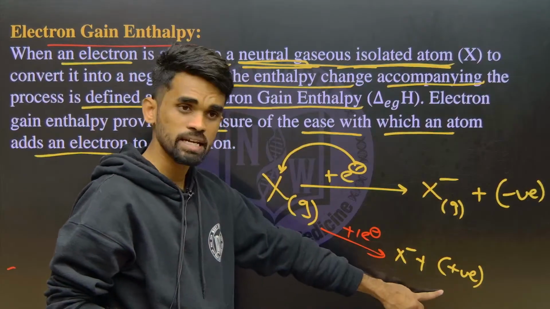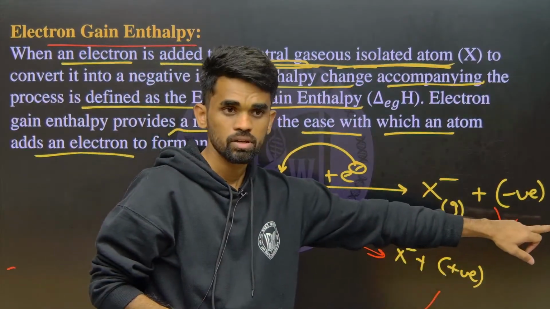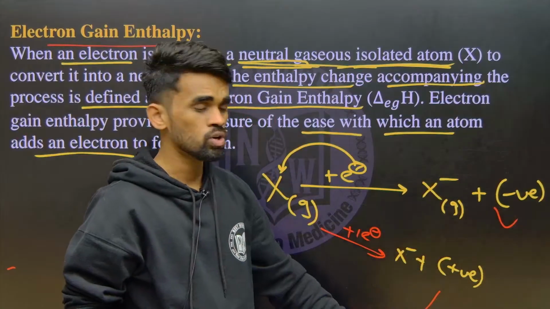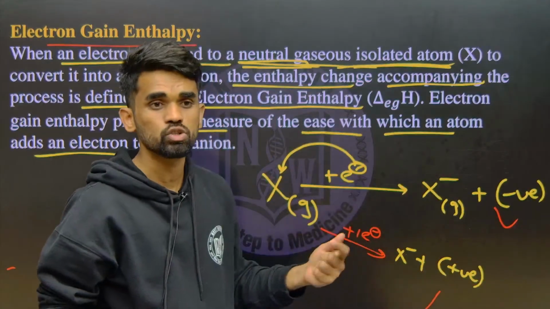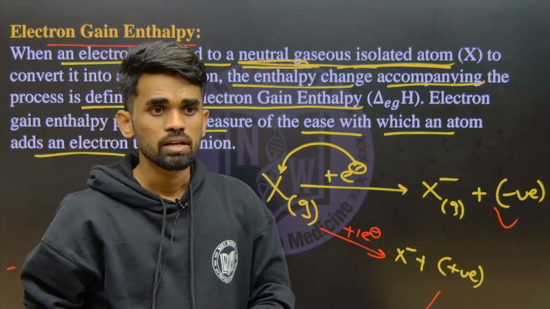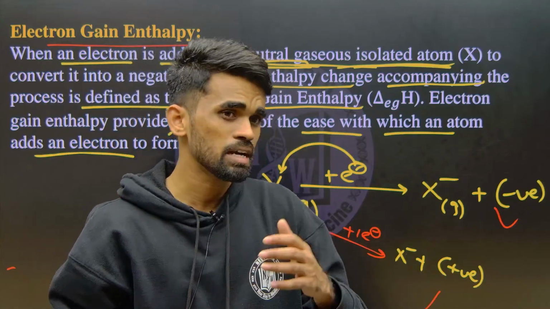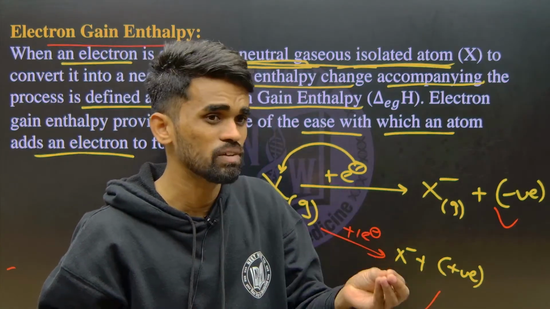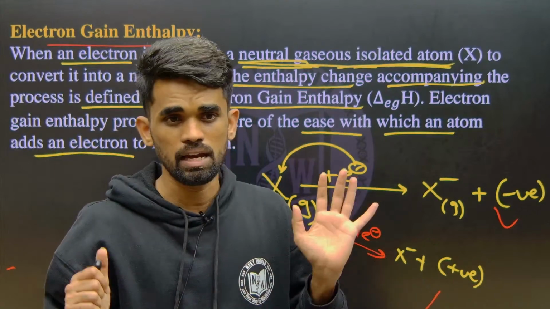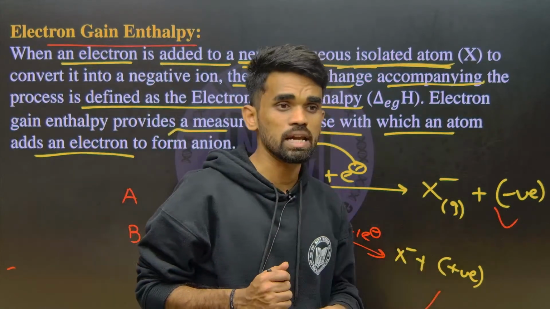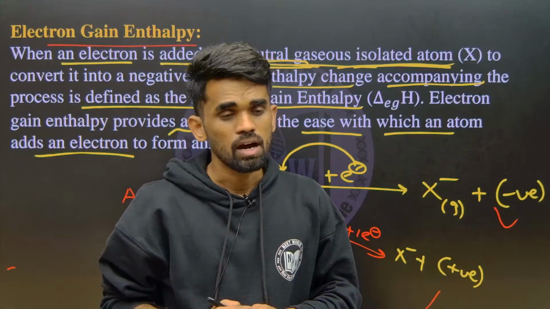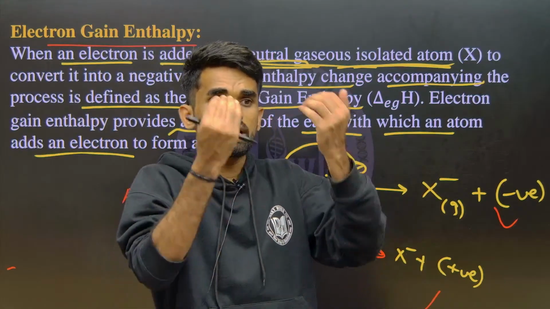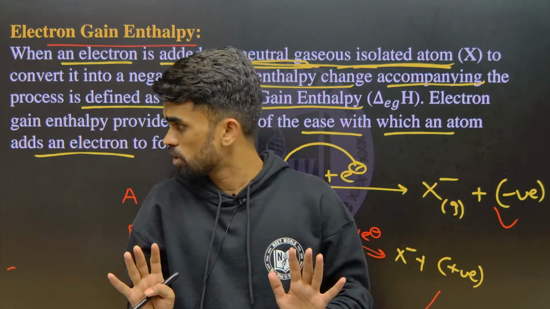So here you can say endothermic, and there exothermic. If electron gain enthalpy is positive, it has no tendency, or very low tendency, to gain the electron. If it has more negative electron gain enthalpy, it has more tendency to gain the electron. This is the line you can remember.